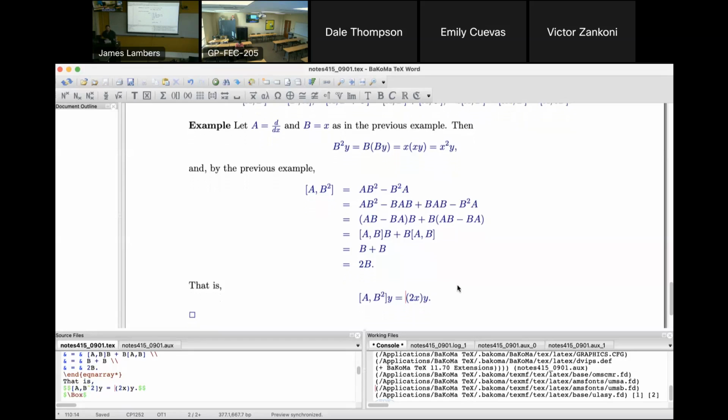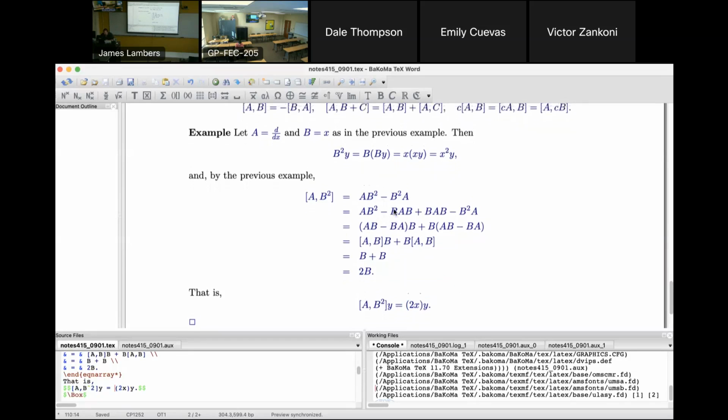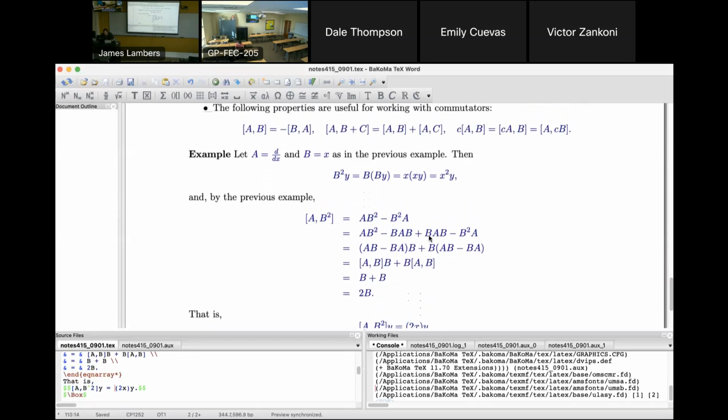How did you get the minus BAB and plus BAB in the second line? Oh yes, this is why I refer to it as trickery. They cancel, so I throw that in there.